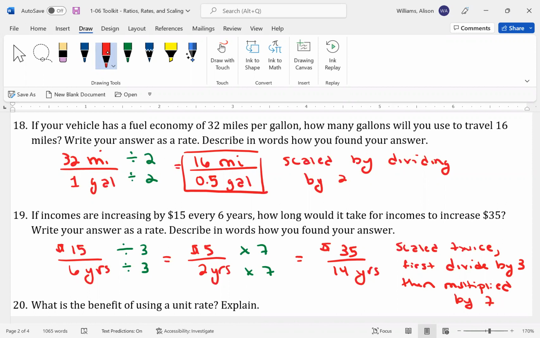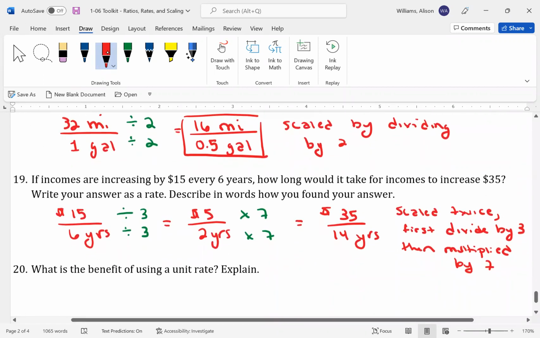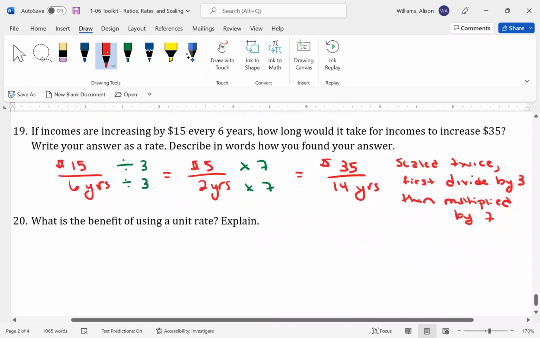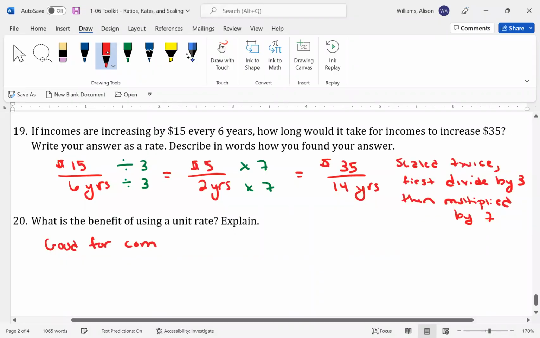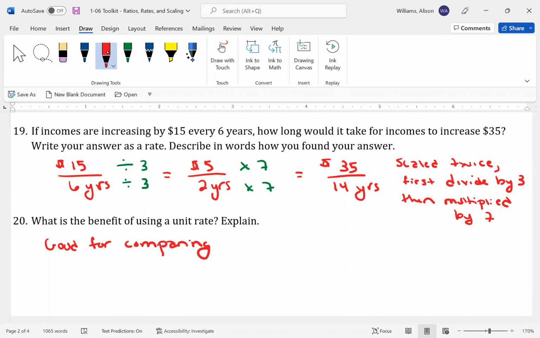So what's the benefit of using a unit rate? The benefit is it's good for comparing. But it's also easier for scaling. So like this last example, if I had been working with a unit rate, that would have been a lot easier.